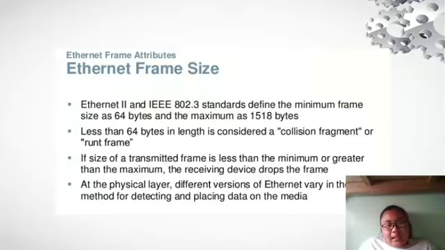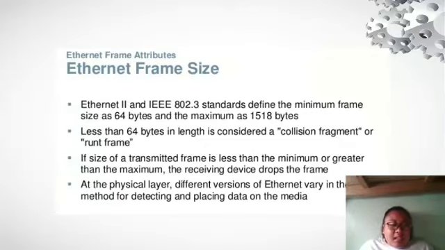Ethernet frame size. The Ethernet II and IEEE 802.3 standards define the minimum frame size as 64 bytes and the maximum as 1518 bytes. Less than 64 bytes in length is considered a collision fragment or runt frame. If the size of a transmitted frame is less than the minimum or greater than the maximum, the receiving device drops the frame.